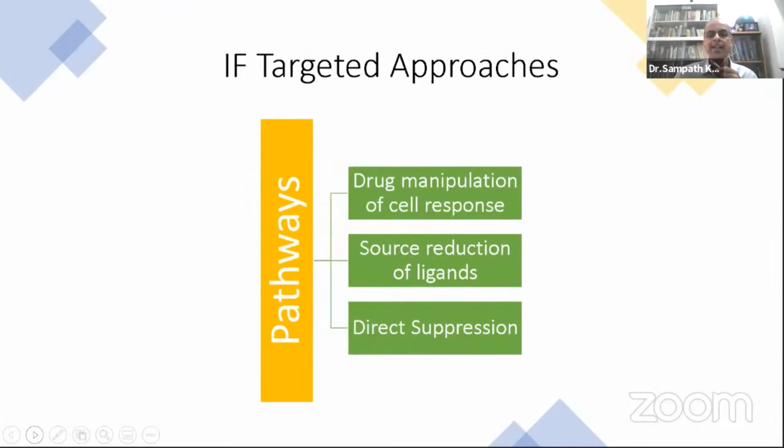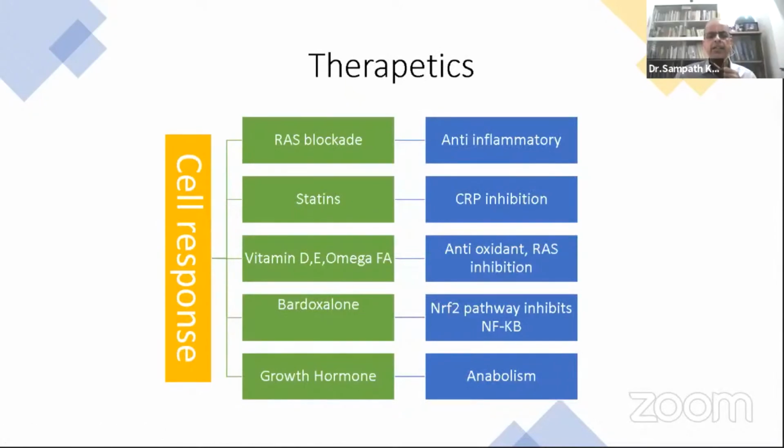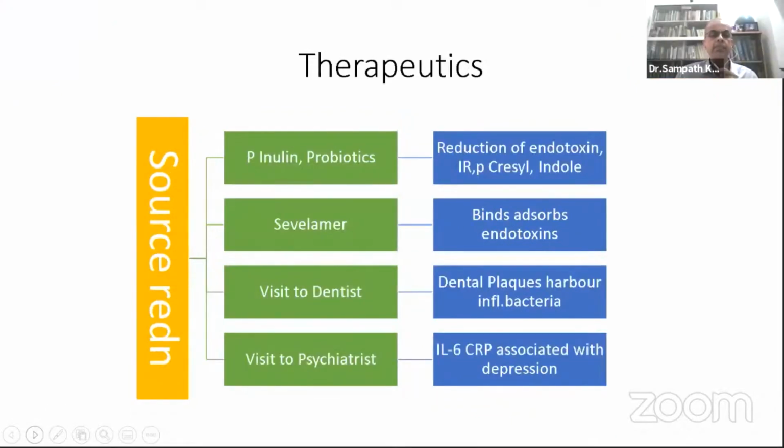So inflammation-targeted approaches could be drug manipulation of cell response, source reduction, and direct suppression. You have a variety of therapeutics: RAS blockade, statins, vitamin D and E, bardoxolone, which is no longer pursued after the studies which were negative, but again, it has been shown to have an anti-inflammatory effect, growth hormone, and source reduction with inulin, probiotics, sevelamer.